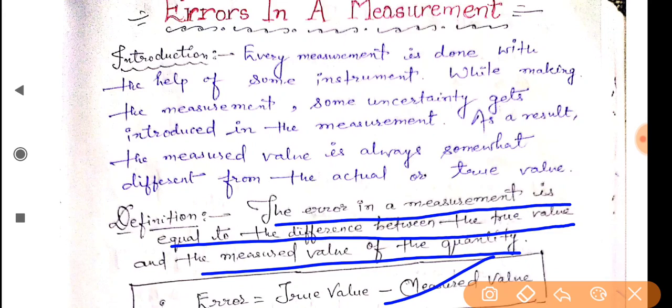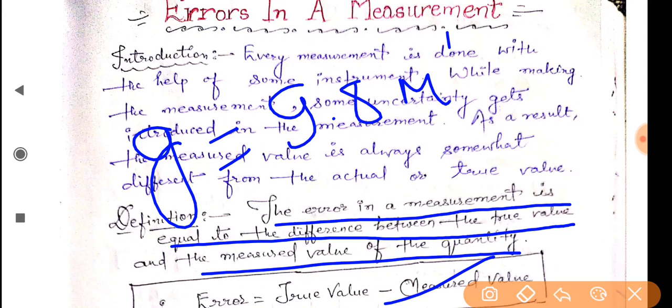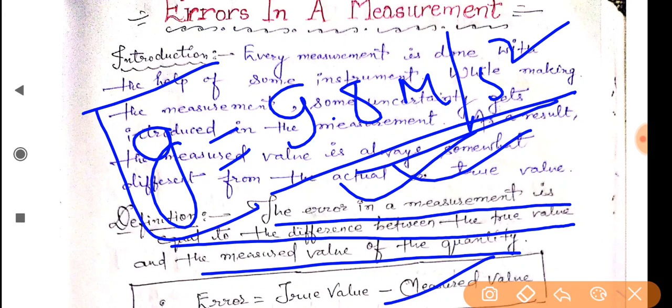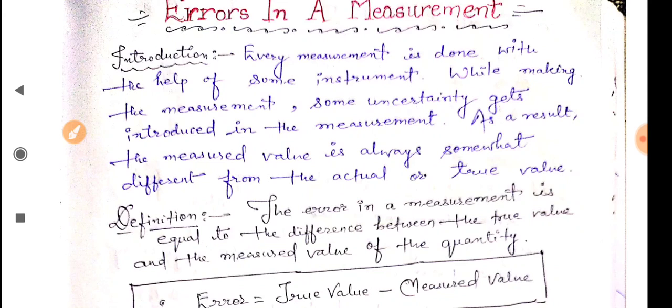Let us take an example. The value of acceleration due to gravity is 9.8 meter per second square on the surface of the earth, and experimentally when we measure it we calculate different values which are not actually equal to 9.8.